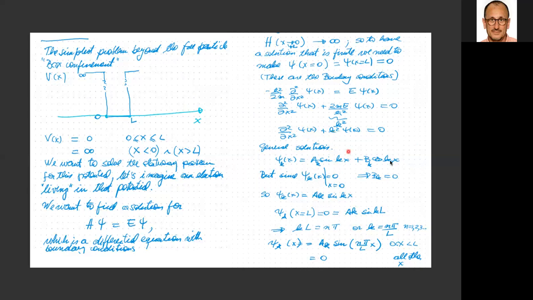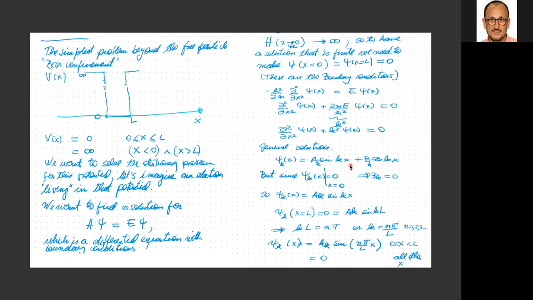Because in order for these two things to cancel: when I take twice the x derivative of sine, I get minus sine. When I take twice the derivative of cosine, I get minus cosine, and that's why this term here cancels this term there, and this is why this is a solution.